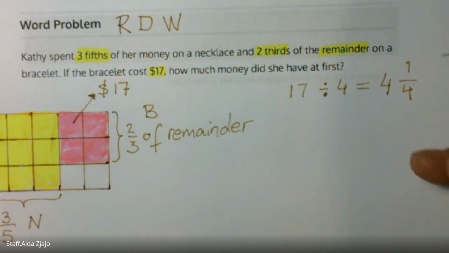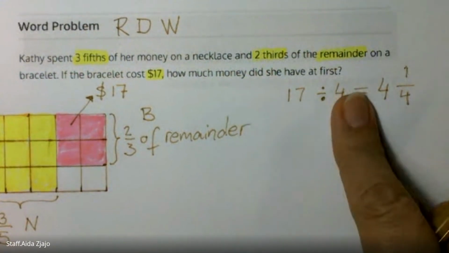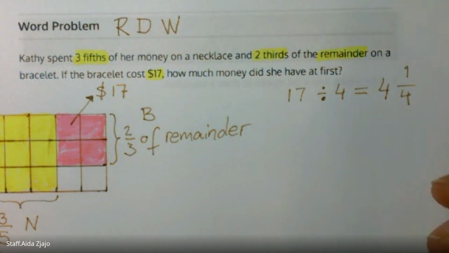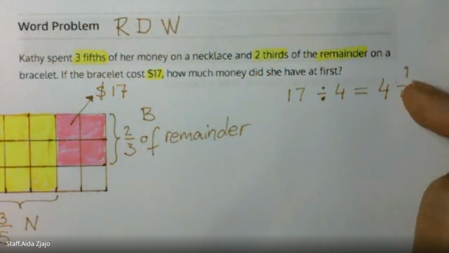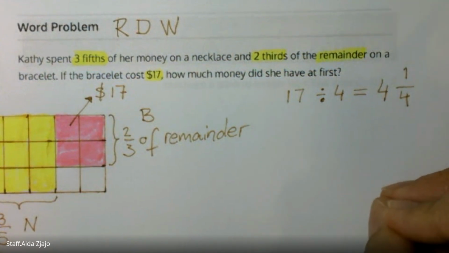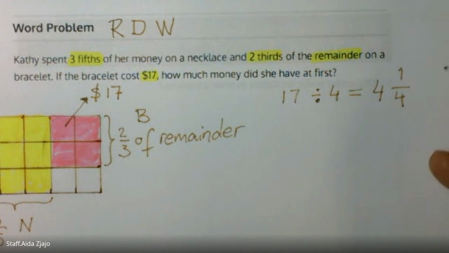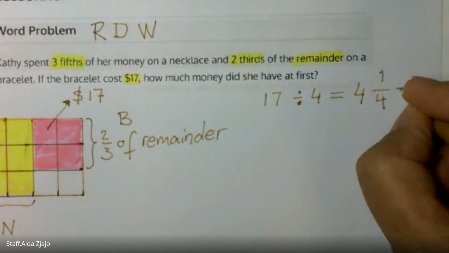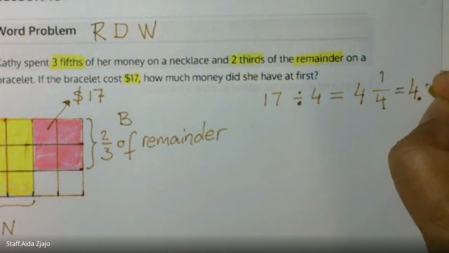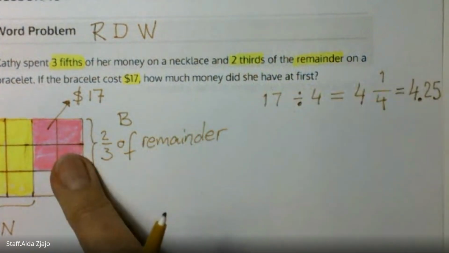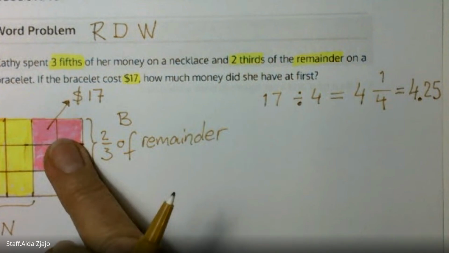We can also use logic: if I have $4 and 1/4 of the next dollar, 1/4 of a dollar is a quarter, and a quarter is worth 25 cents. So we logically can think, oh, that's the same answer. So 4 and 1/4 equals $4 and 25 cents. So we can use logic to figure out how much 1 unit is.